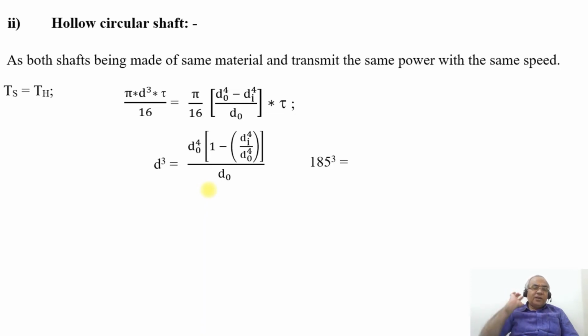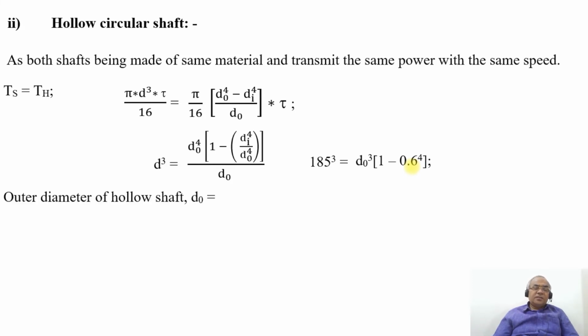We substitute the value of d which we got previously, 185, so 185 cube will be equal to d naught cube into 1 minus 0.6 to the power of 4, since di by d naught is 0.6, as given in the problem.